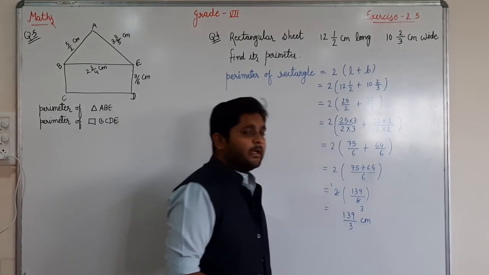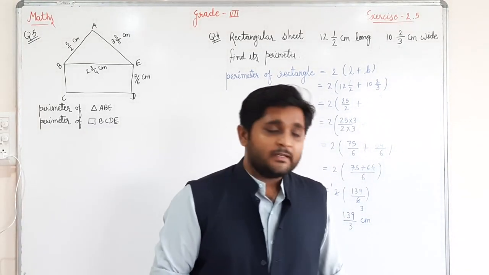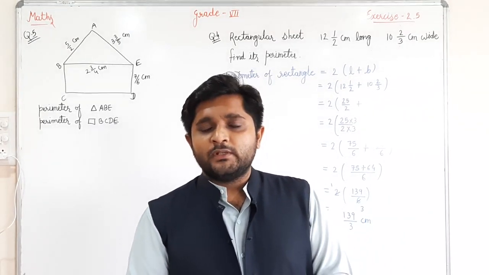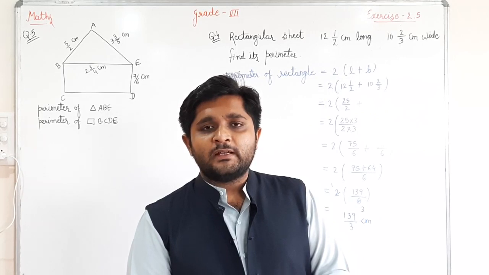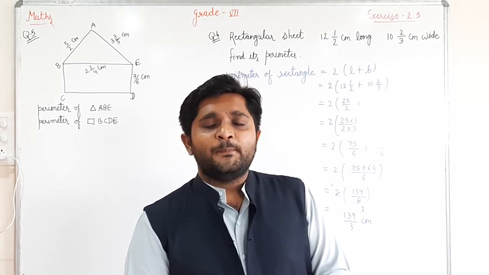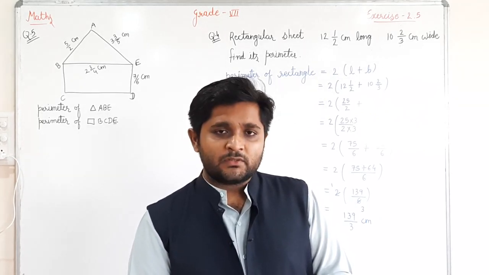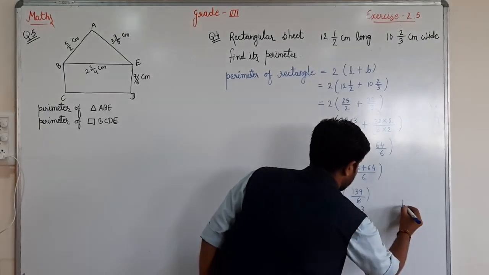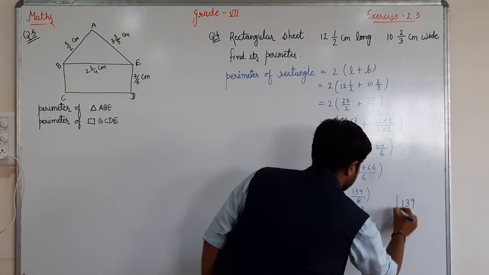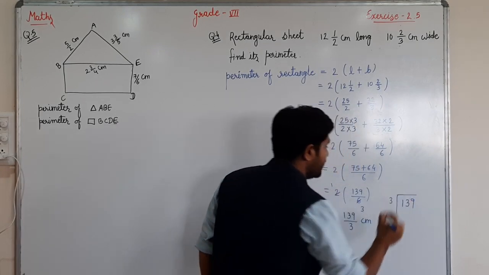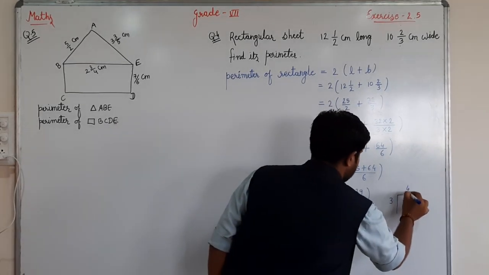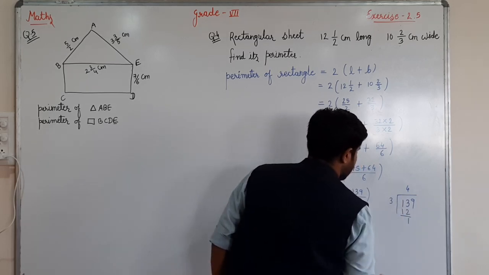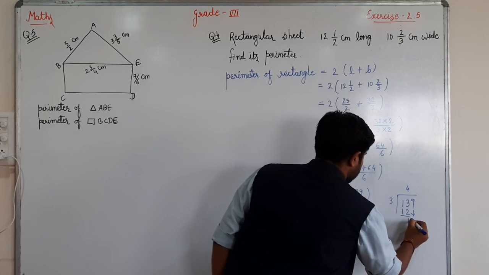And friends, it is an improper fraction. Here the numerator is bigger and the denominator is smaller, so it's an improper fraction. You can convert this fraction into a mixed fraction by division. So let me do the division. Divide by 3. 3 fours are 12, 13 minus 12 is 1. Bring down 9.